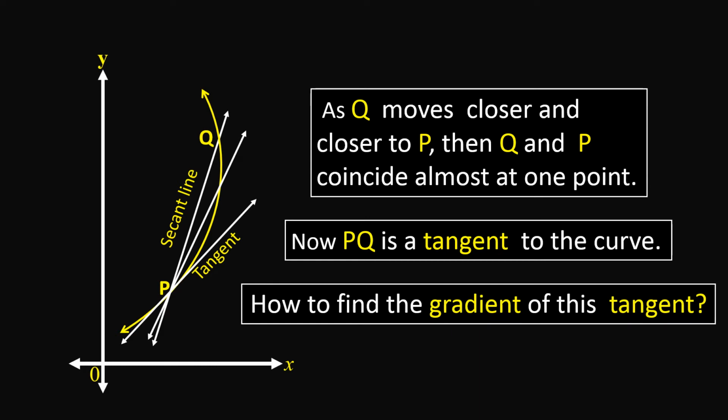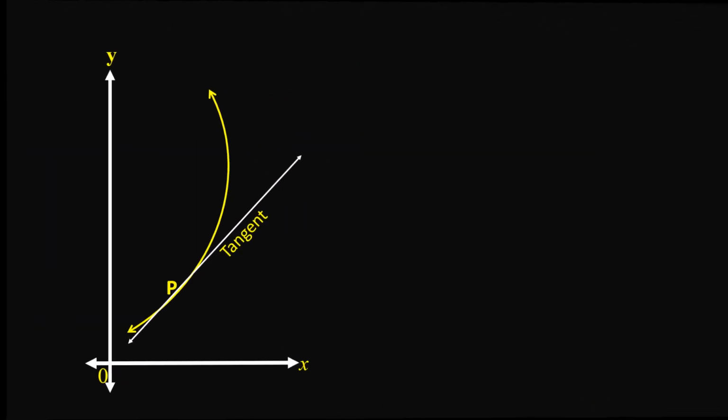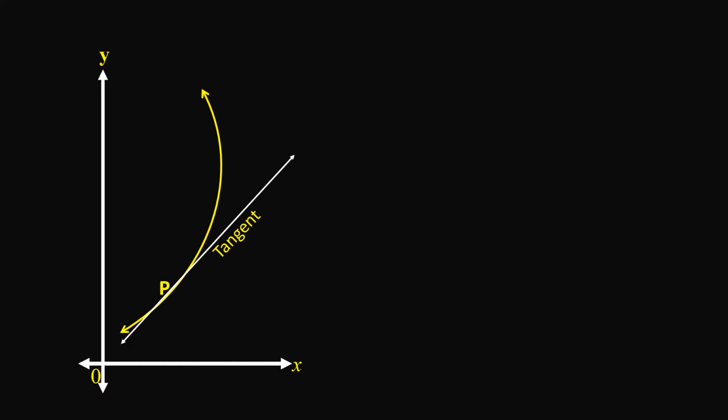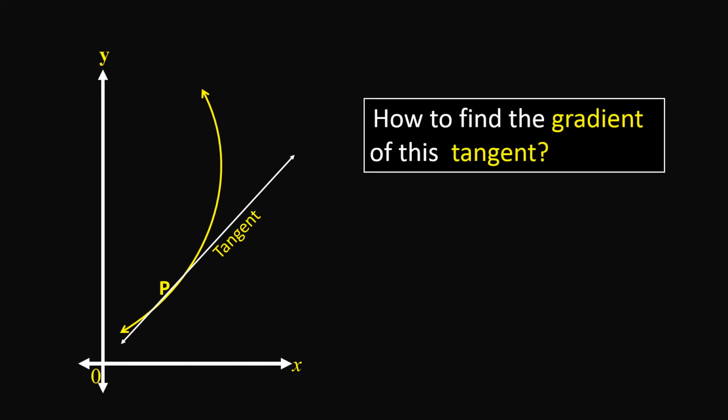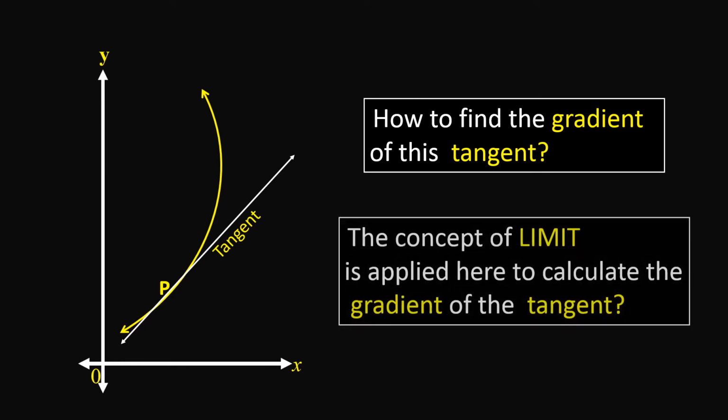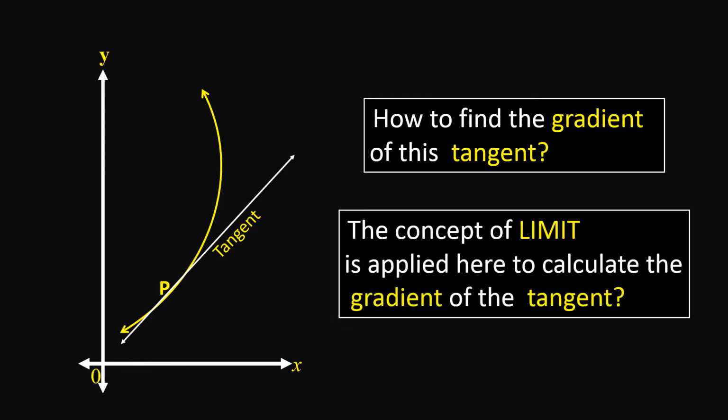How to find the gradient of this tangent now? We have only 1 point. So now, how to find the gradient of this tangent? Here comes the calculus. The concept of limit is applied here to calculate the gradient of the tangent.